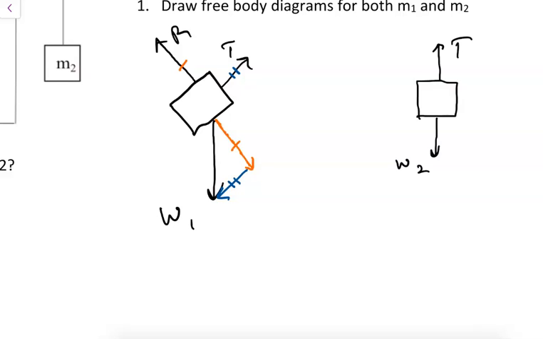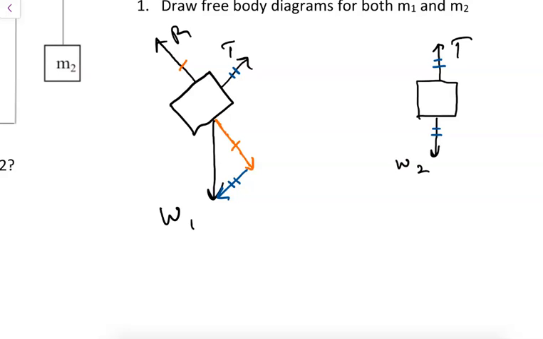So I've drawn the tension and normal force with these lengths to match the force of gravity vector that I drew. I also know that the tension force acting on mass 1 should be equal to the tension force acting on mass 2 because it's the same string. So I also know that the tension force acting on mass 2 is right there. And therefore, I also know mass 2 is in equilibrium, so that force should also equal the force of gravity acting on mass 2. This situation is occurring because they're in equilibrium.